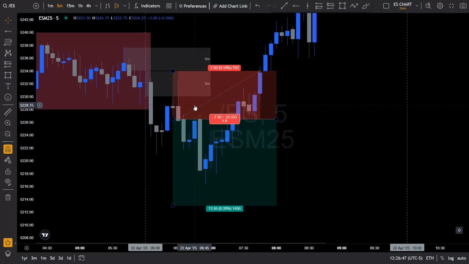So what I did in the past was I would not go completely break even, but I would either go based off of structure or I would just reduce my stop loss in half.